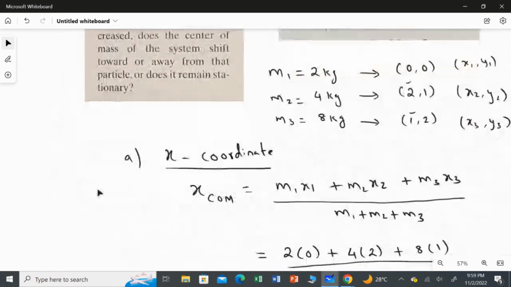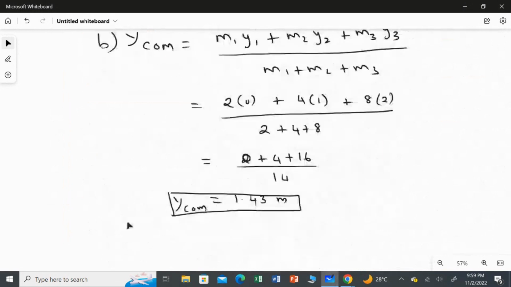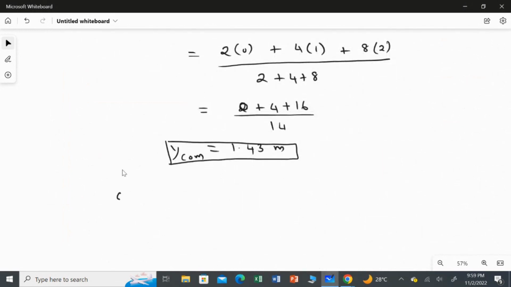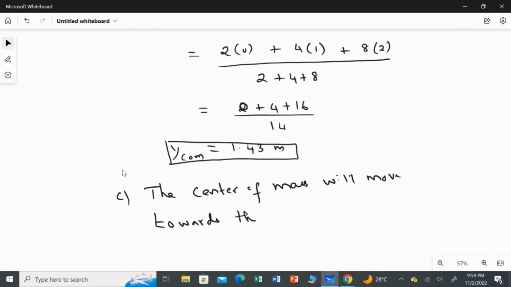So we have to write the answer for the third part. The center of mass will move towards the heavier mass. Clear? Heavier mass or massive body. Here they said M3 is increased.